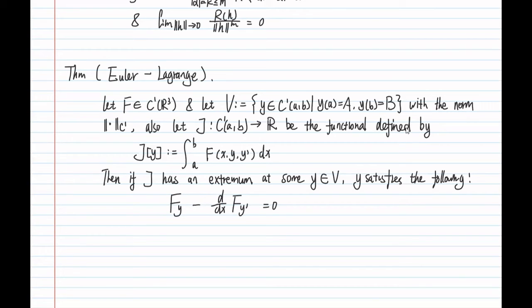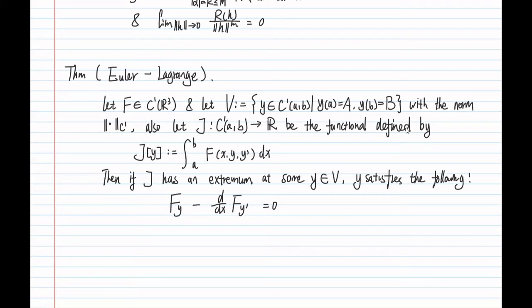Now suppose that J has an extremum at some point y inside V. So this is an extremum in V, not in general in C1, because in C1 there would be more requirements, but we're restricting ourselves to the subset V. So if y is an extremum for J, then y must satisfy the following equation: the partial derivative of f with respect to y minus d/dx of the partial derivative of f with respect to y prime equals 0.